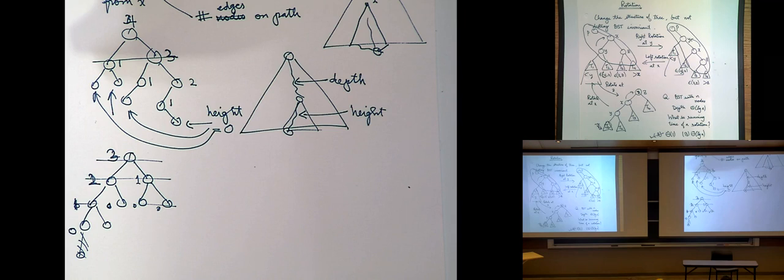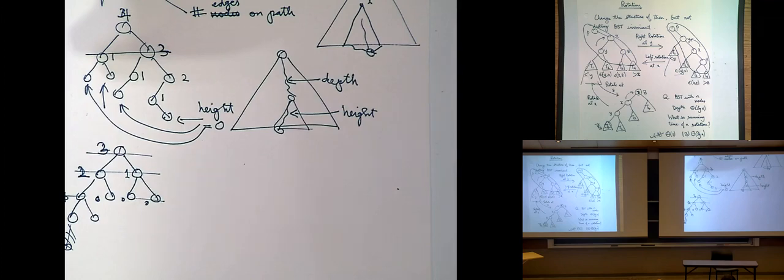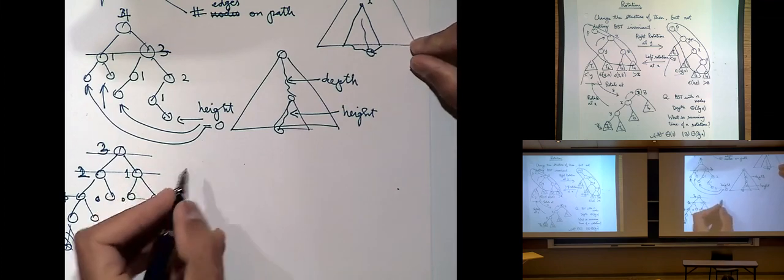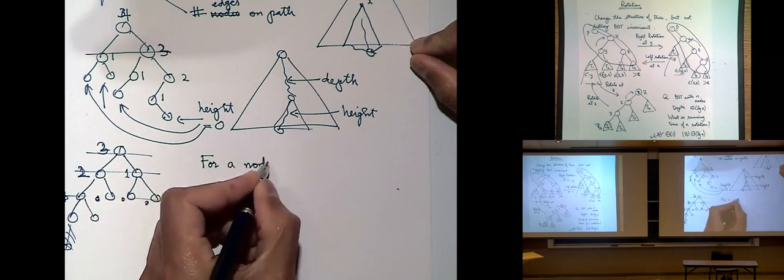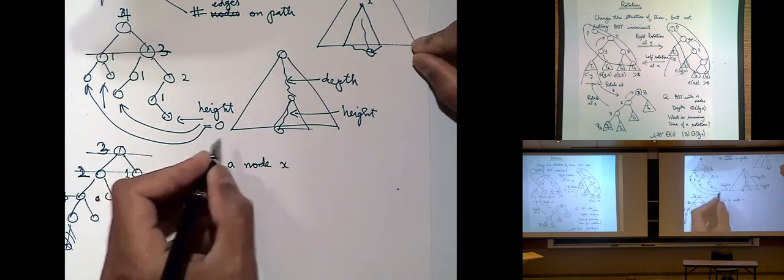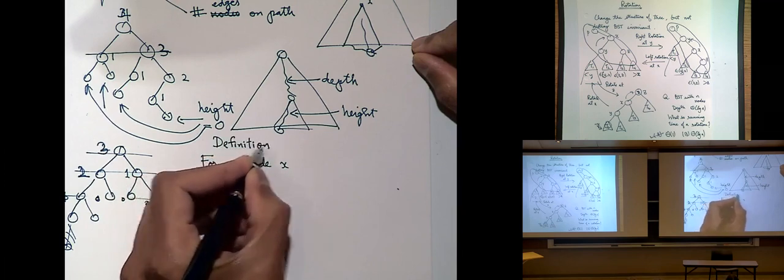So what the AVL trees do is they maintain this condition everywhere. Okay, so let me first give you a few definitions, and then I'll tell you what the AVL property is. So for a node x, this is a definition. I'm going to define a particular quantity.